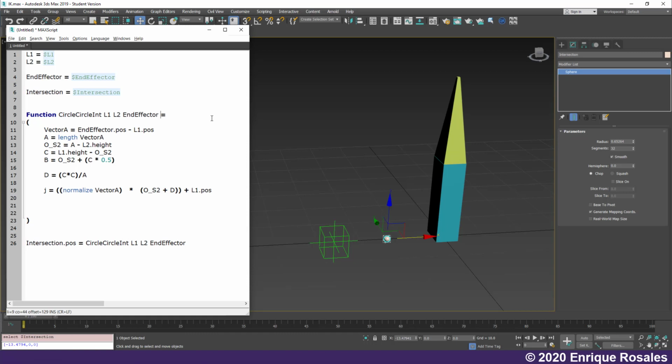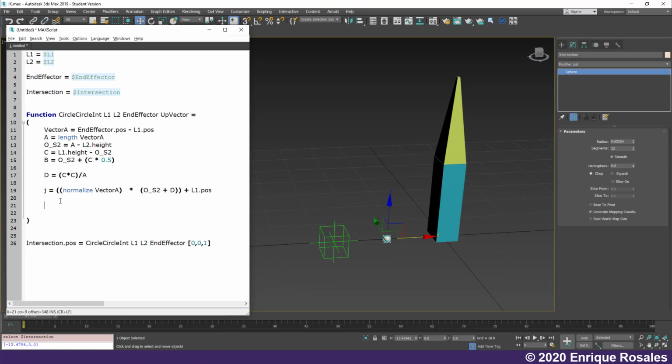We can actually send that into the function, the up vector, because this is interesting. The up vector will define the actual orientation of the plane in which we are solving the inverse kinematic system, so that is very important. I will send it at the end of my function, and I will say it's 0, 0, 1.